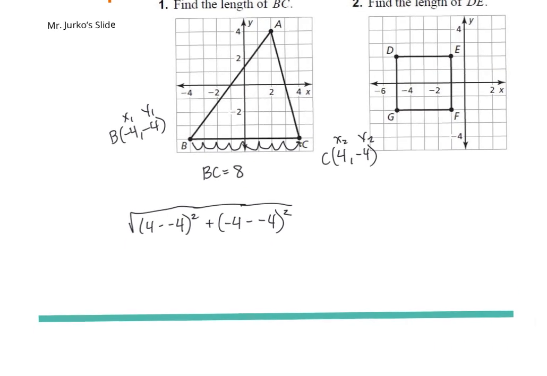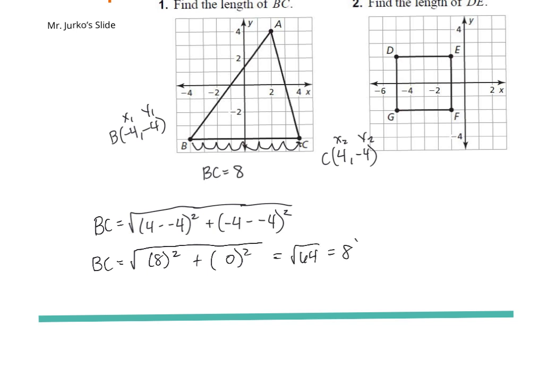And when we do this, BC equals the square root of 4 minus -4, which is 8 squared, plus -4 minus -4, which is -4 plus 4, which is 0 squared. This is just the square root of 64, which equals 8. Either way would have been fine, but that's how you get to your answer.